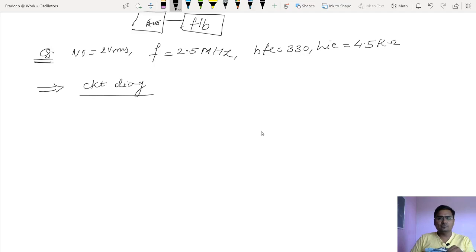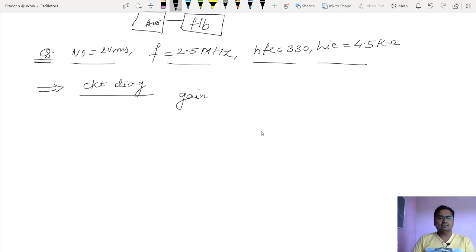So I'll just give you some clues and then you write down your own calculations. As it is an amplifier, what you studied in the last semester is that I can design an amplifier when the gain is given. But in this case, the output voltage is given, the frequency is given, HFE and HIE are given, but the gain is not given at all.